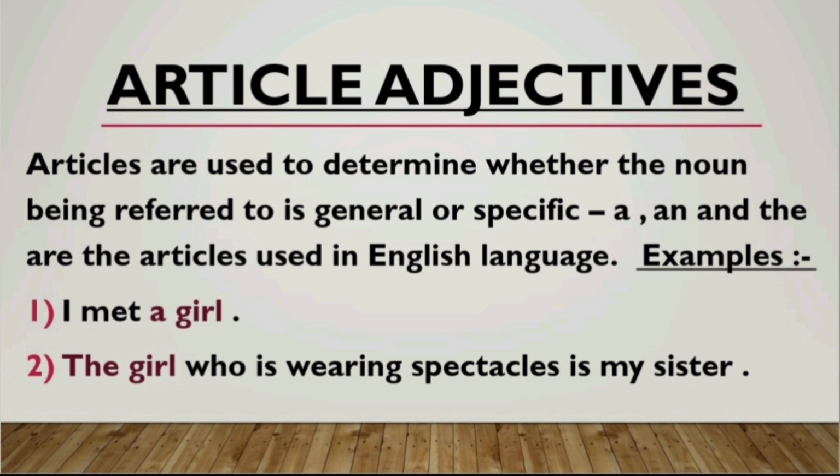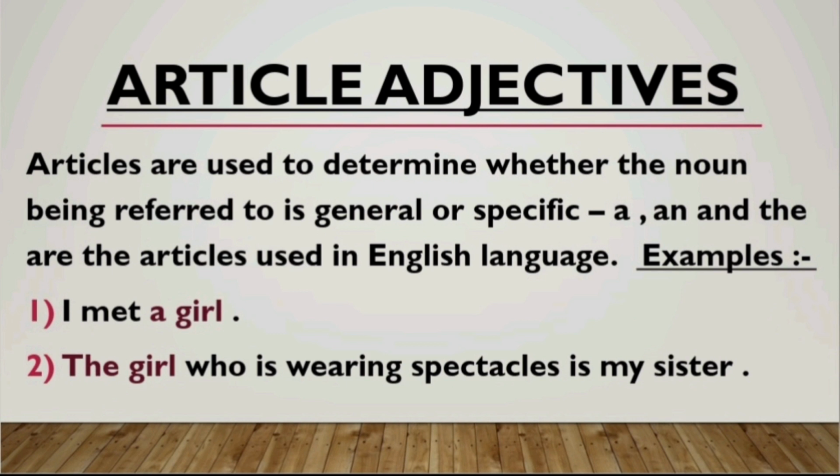determining, okay? So, those adjectives which are used to determine whether a noun is general or specific, particular. For that we use article adjectives and there are three articles in English language: a, an, and the.